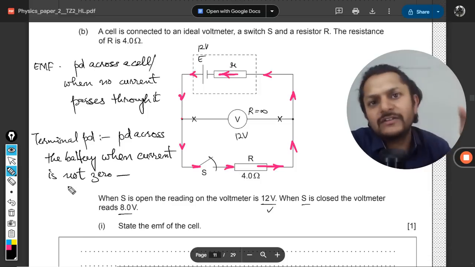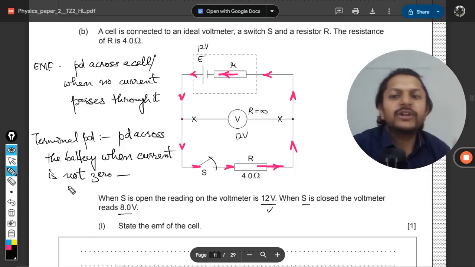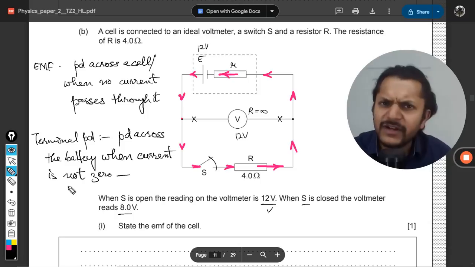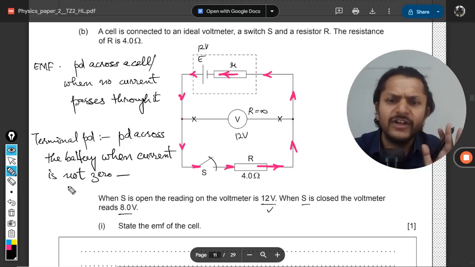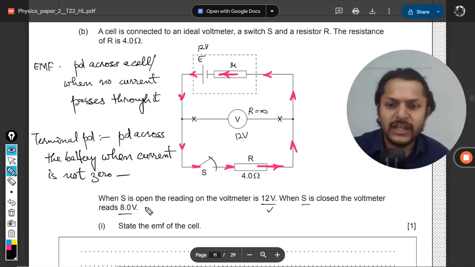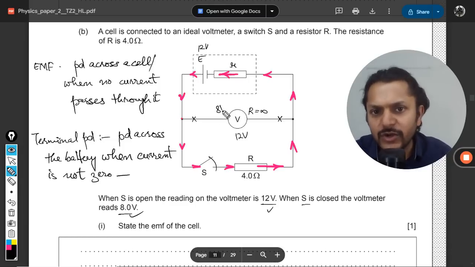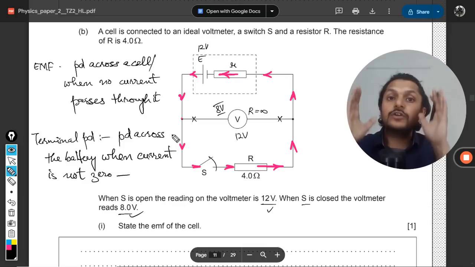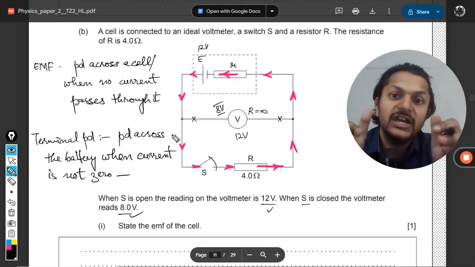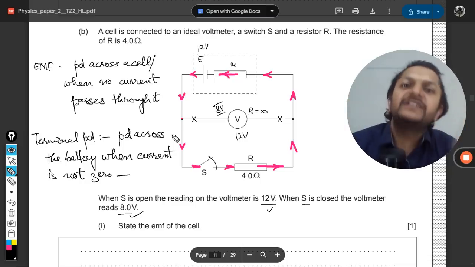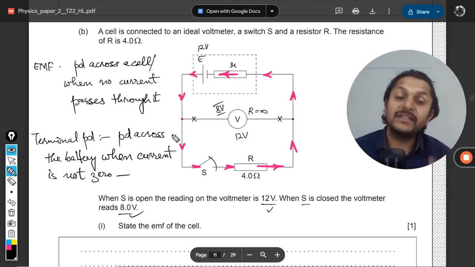That potential difference is called the terminal voltage. That is what I told you: out of this 12 volt, clearly it is giving an 8 volt reading. So this reading reduces to 8 volt. It means 4 volt of the energy is used by the battery itself.